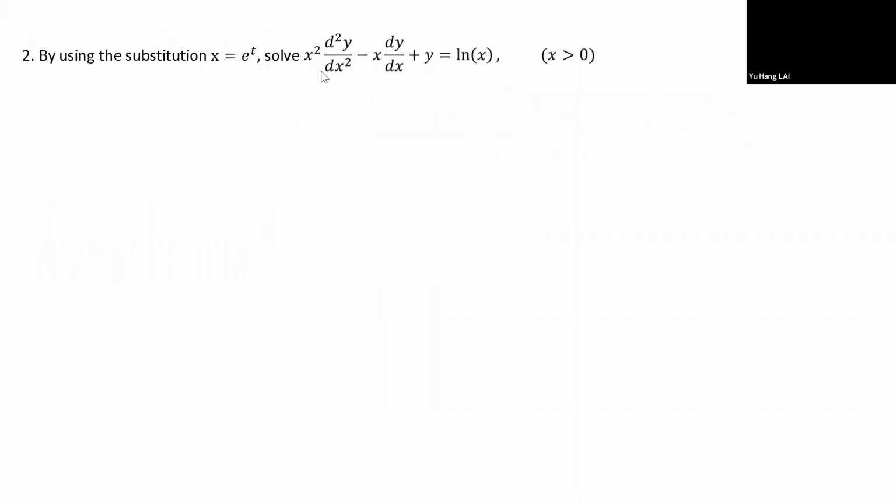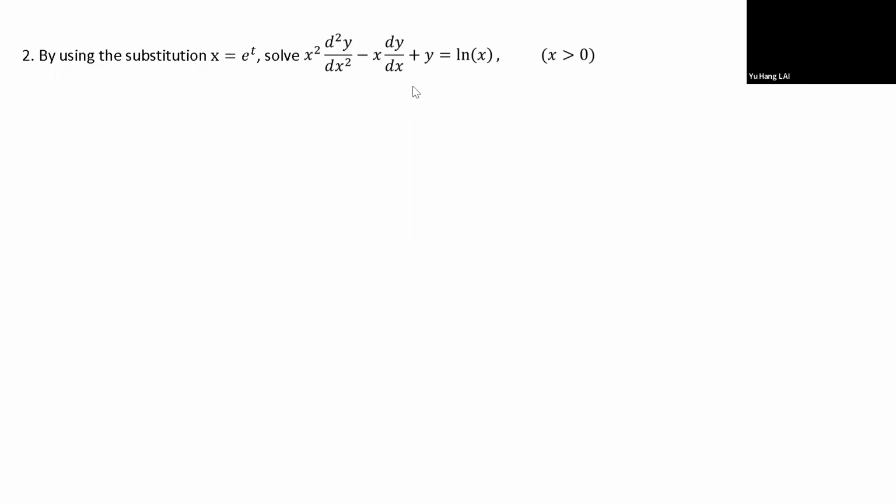Again, if you look at this, it doesn't look like something that you are familiar with. But here I just want to show you that sometimes when we see an ODE that looks unfamiliar, we try to use the trick of some change of variables or substitution, to convert this equation to a form that we are familiar with.